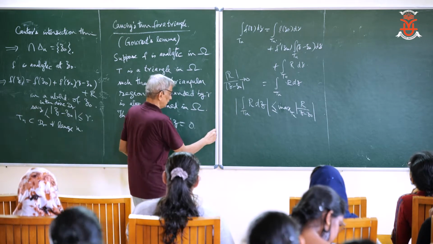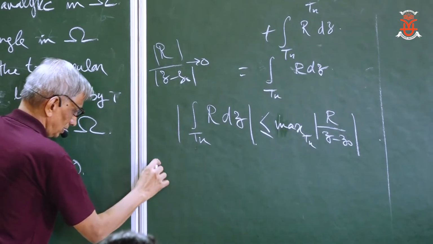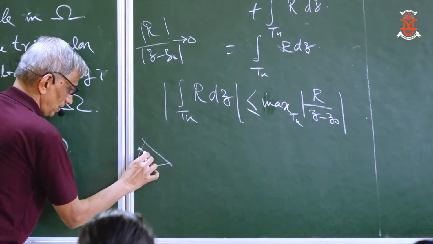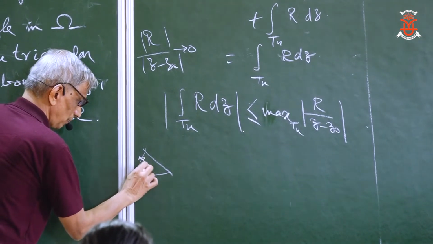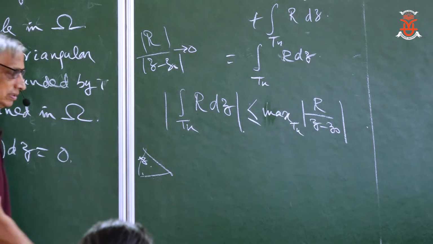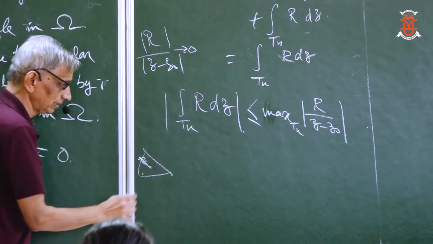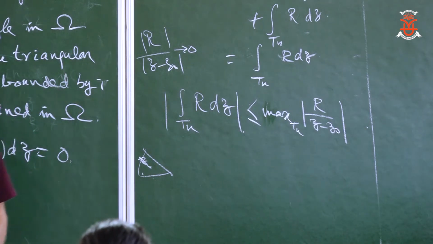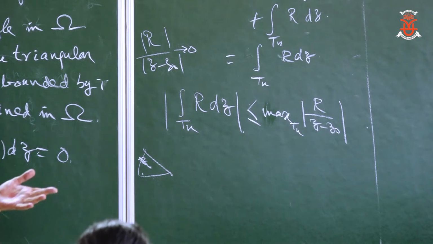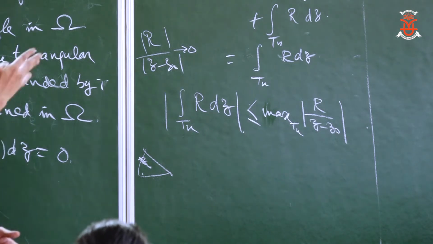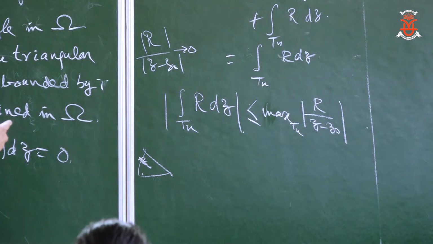Okay, so z is some point here, z naught is here. So the length is of course smaller than the diameter of the triangle, which in turn is less than the length of the triangle.